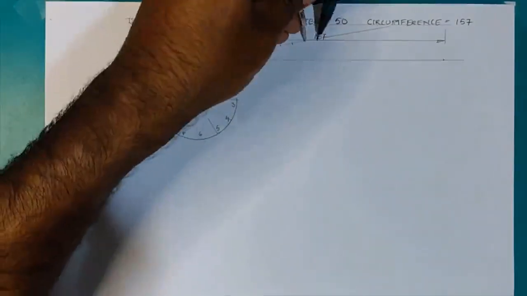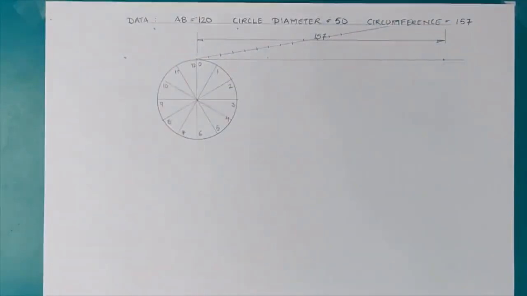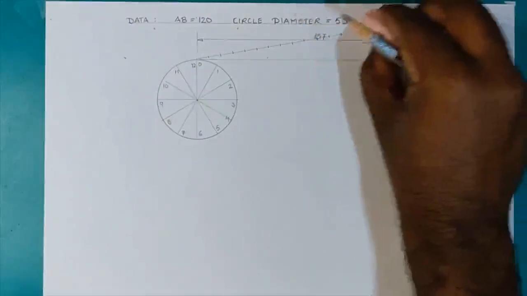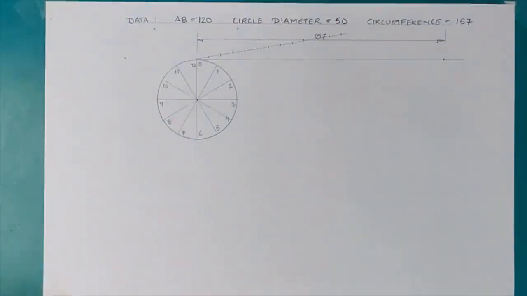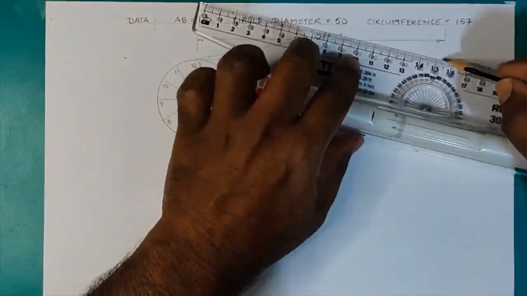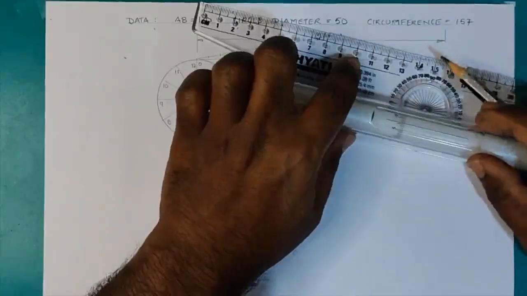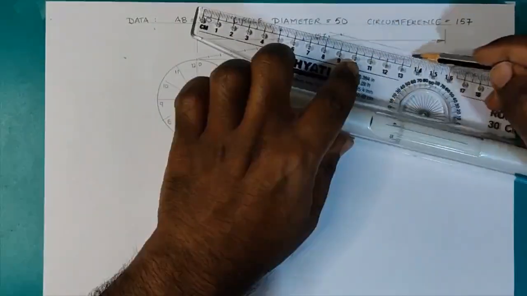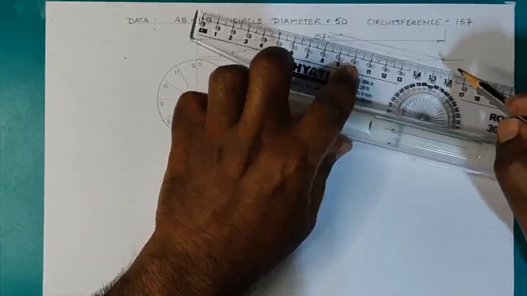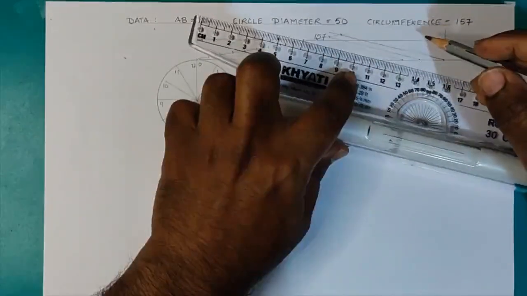Now the last division that I obtain, I erase the unnecessary long line. The last division I connect to the last point of the circumference, and to this line I'll be drawing parallel lines through the other divisions. So my circumference is divided into 12 equal parts.